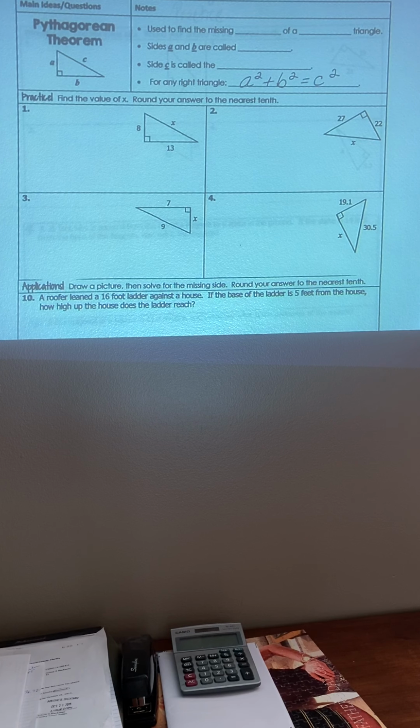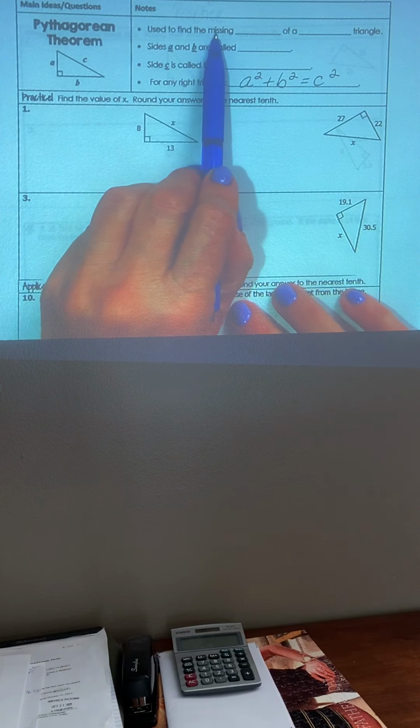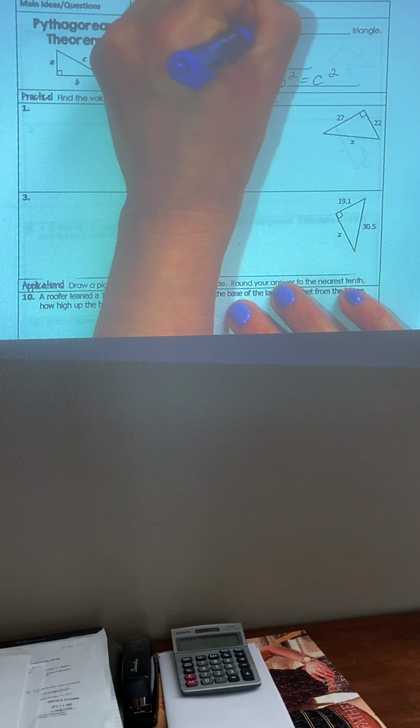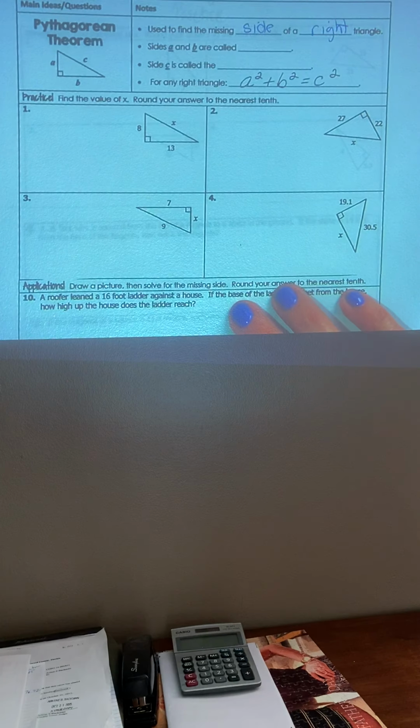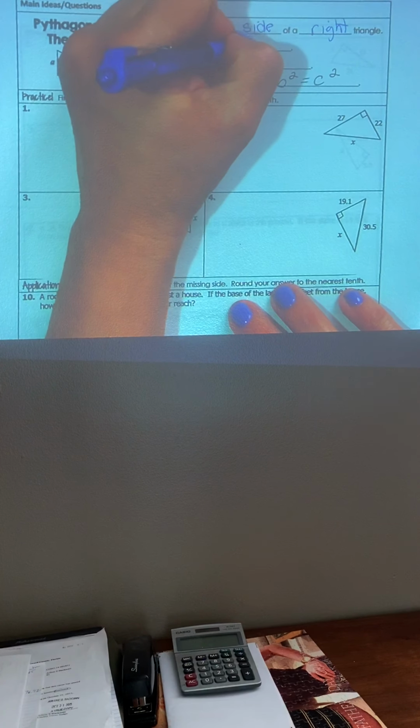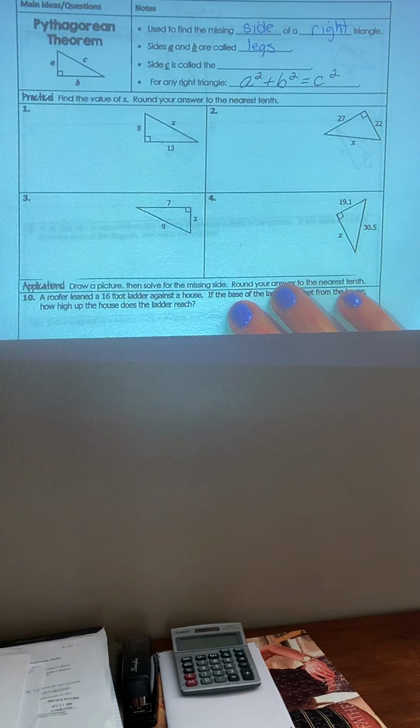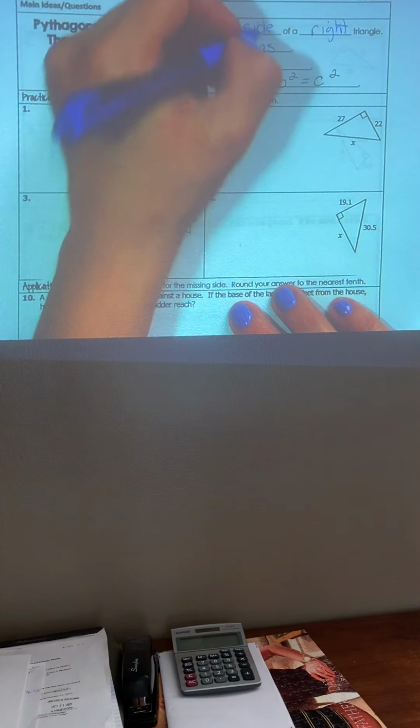Okay, next we have the Pythagorean theorem. The purpose of the Pythagorean theorem is about triangles, and it's used to find the missing side of a right triangle. A and B are called legs. Side C is called the hypotenuse.